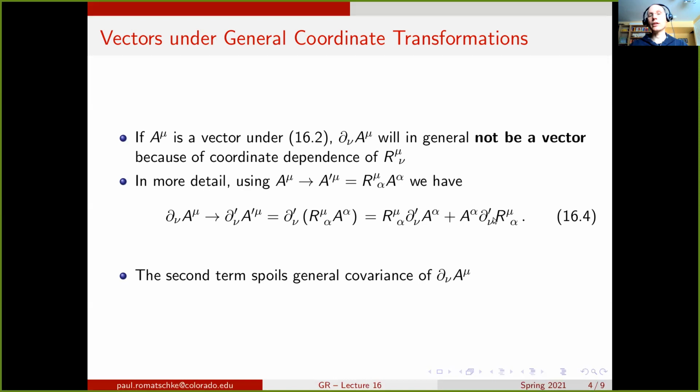But the second piece, where the derivative acts on the coordinate dependence of the transformation matrix, spoils general covariance of this combination. So the derivative d nu of any vector A mu is in general not a tensor under general coordinate transformations.